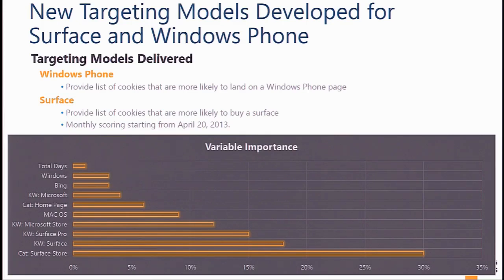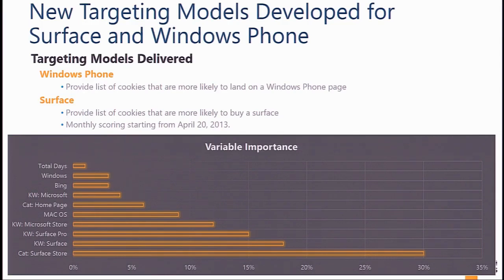It's intuitive. For instance, the highest one here with 30% impact is the one at the bottom that says cat Surface store. This means the user at some point visited the Surface store sub-site on Microsoft.com. If they actually visited that sub-site, then it's highly likely that they'll buy a Surface. If they had Surface or Surface Pro in their keyword search, again, it's very highly predictive. There's a high chance they'll buy the product, etc.